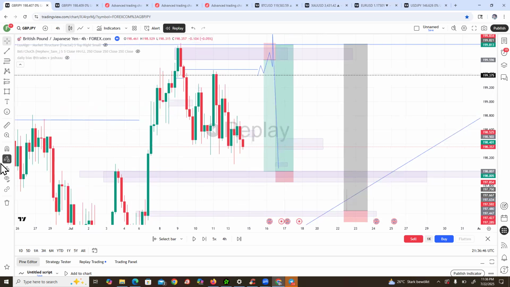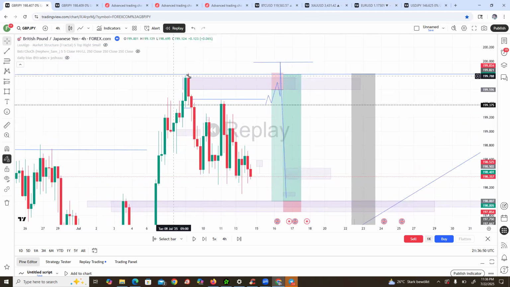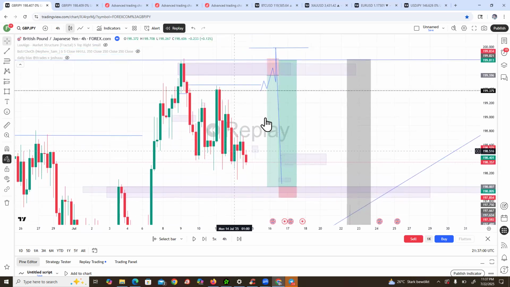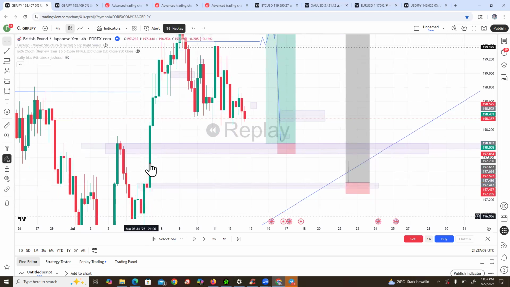Now if you look at this point, the market has tapped on that daily liquidity, right? So definitely we are expecting a pullback into the range. So now we have our breaker block here, because this is a break.